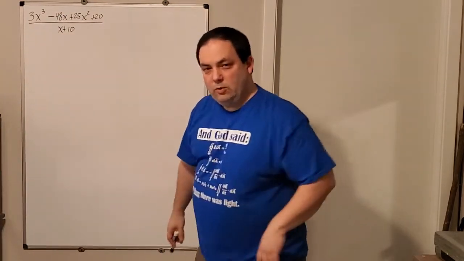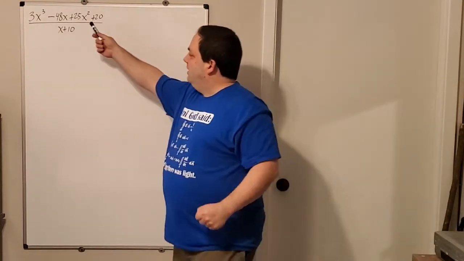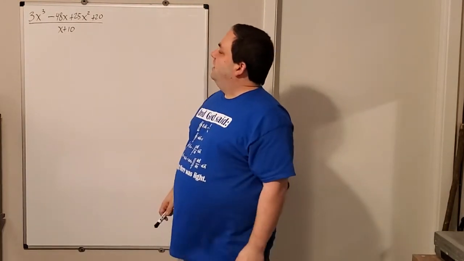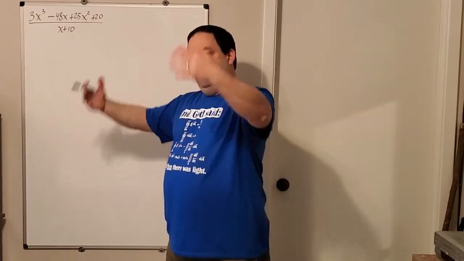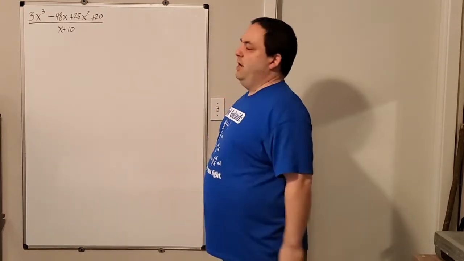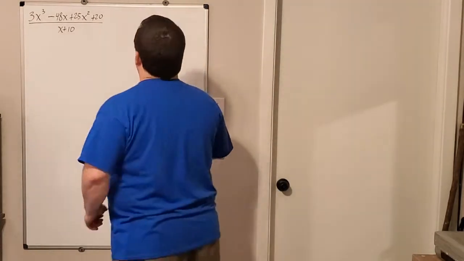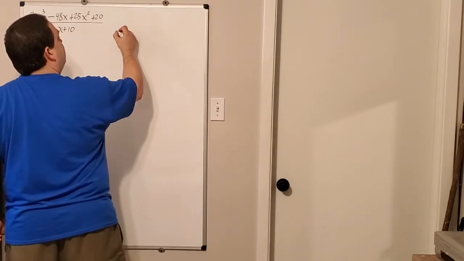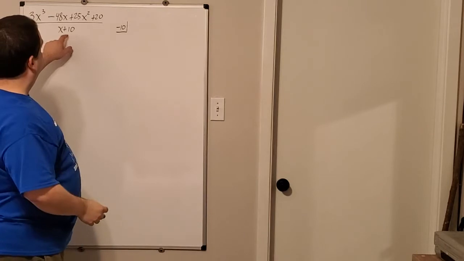And somebody, when they wrote this problem, thought they could slip one past you and get the old slip one going. Look at that. They transposed the x to the 1 and the x to the 2 power there just to see if you were paying attention. So when I'm writing out my coefficients, pay careful attention to the order the numbers are actually in. So in the box, I've got negative 10, because remember I've got a 0 at the bottom.